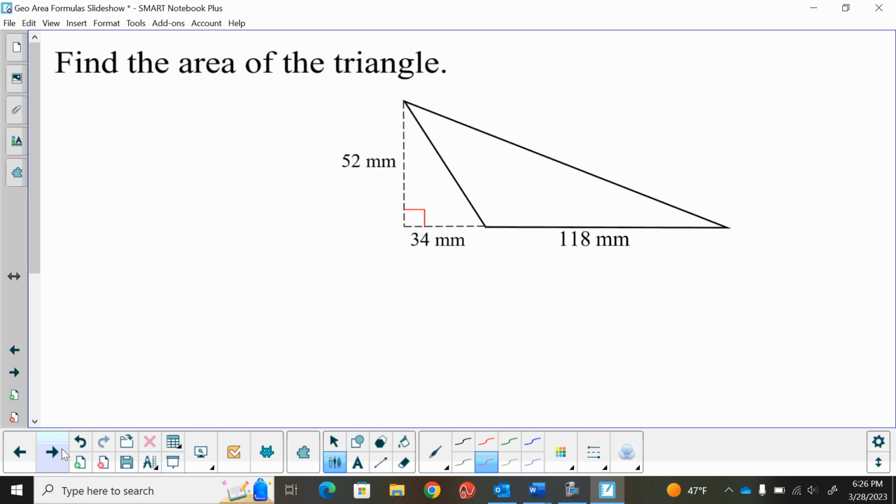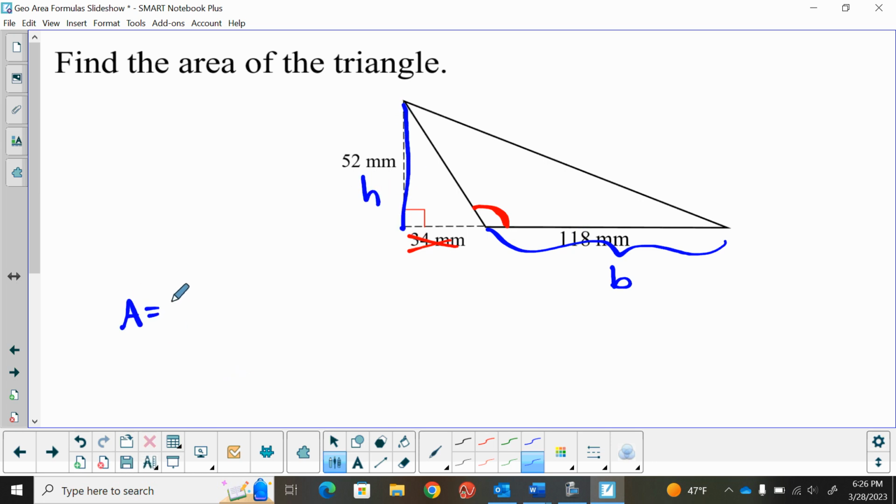All right. Take a look at this triangle. So here again, we have an obtuse angle, so it's an obtuse triangle. If we extend the base, then we can go up to the top to find the height. Now, this 34 here really is not necessary for this example, because the base is only the 118, and then the height is 52.